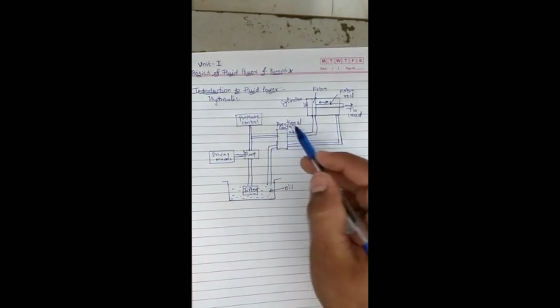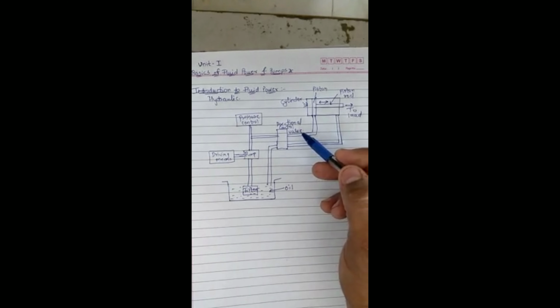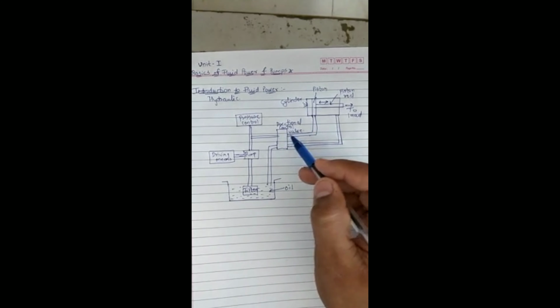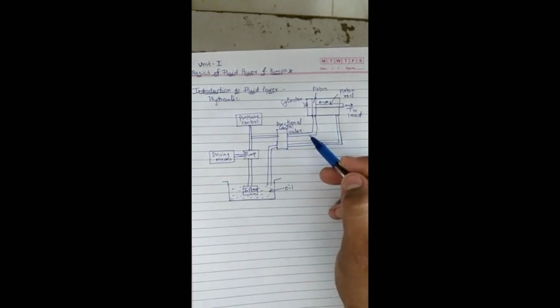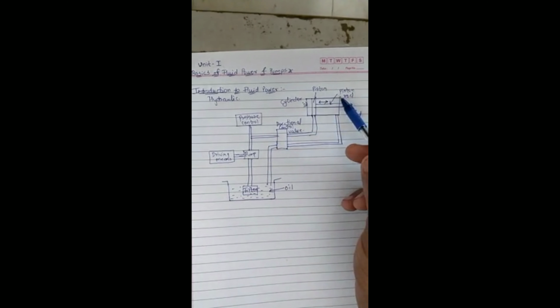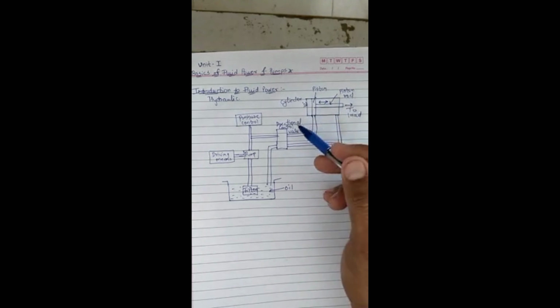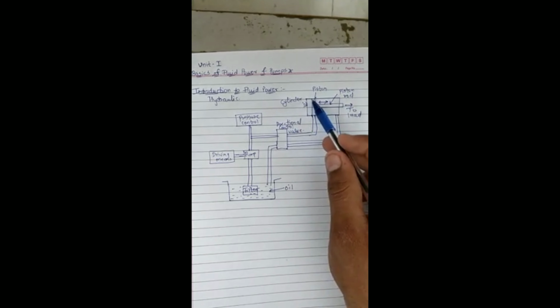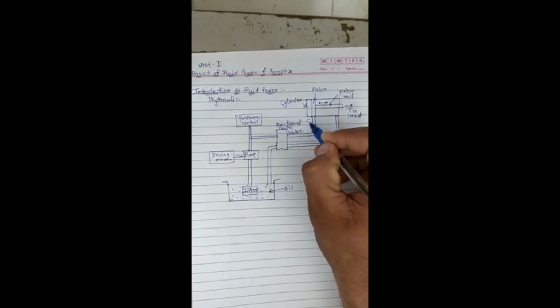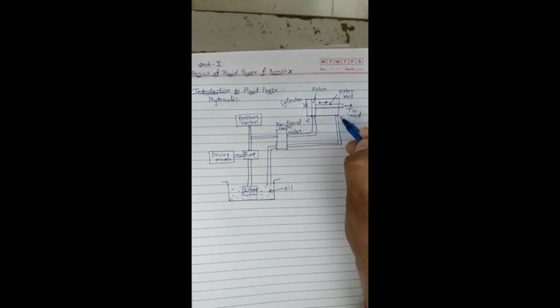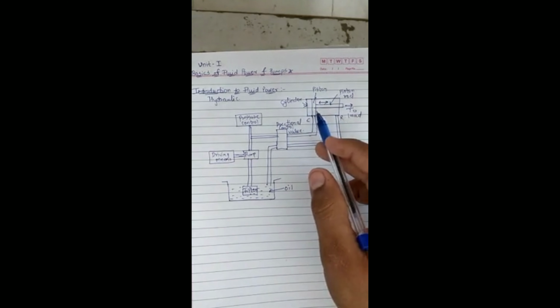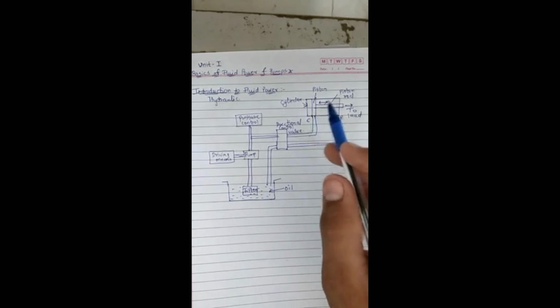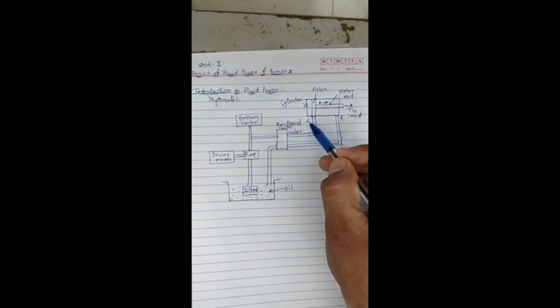Then there is a directional control valve. In the direction control valve, there is flow of direction to the system or to the cylinder, double acting cylinder or single acting cylinder. Okay. Then this flow goes to the cap end, and this is the rod end, or we can say the side of the piston.